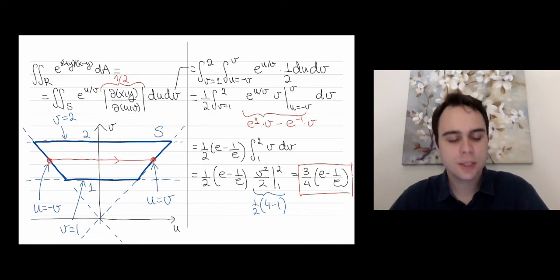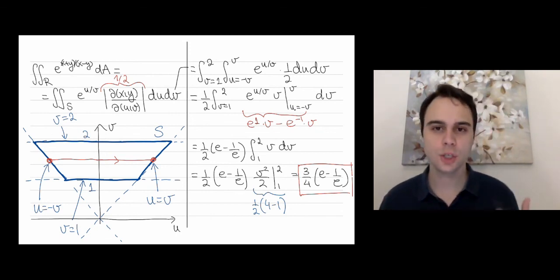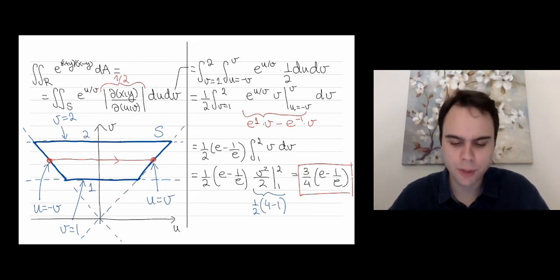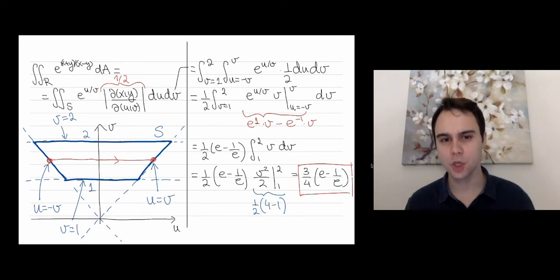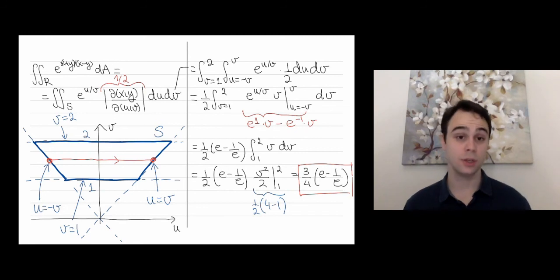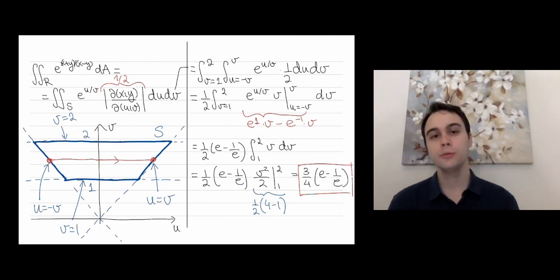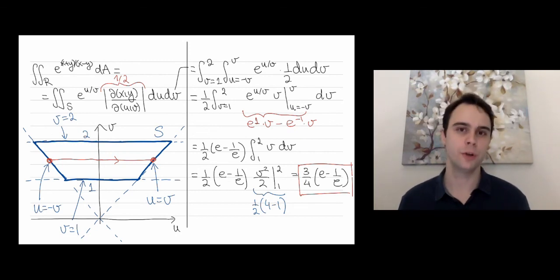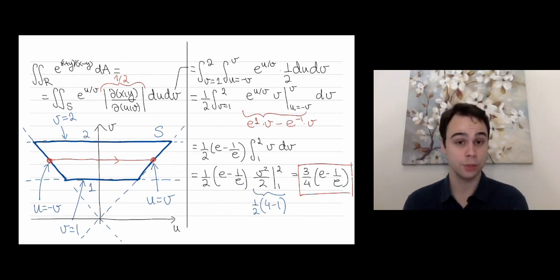So this was a good idea, to change coordinates from x and y to u and v. In general, if you're looking for a coordinate system that's good for a particular problem, you should look for all of these properties. Some problems might ask you to compute an integral using an appropriate change of variables, and then it's your job to decide which change of variables to use.